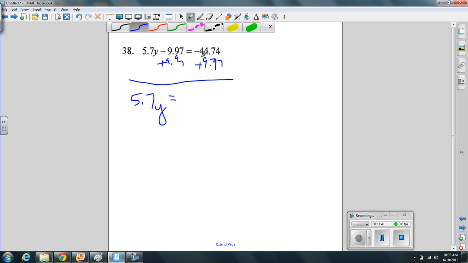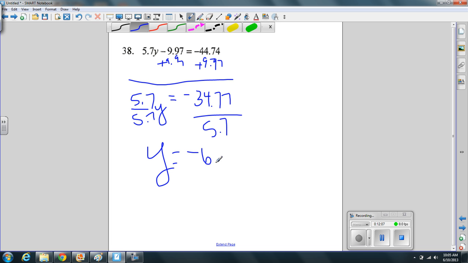I'm going to subtract 9.97 and keep my answer negative. So when I do that, I get 34 points and 77 hundredths. I divide by 5.7. Okay, and I get an answer of y equals negative 6 1/10.